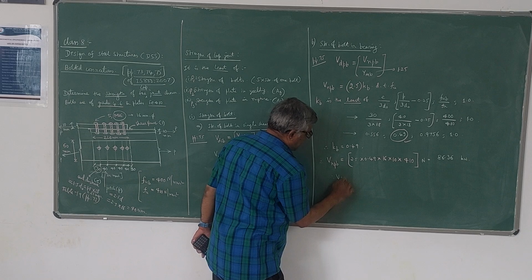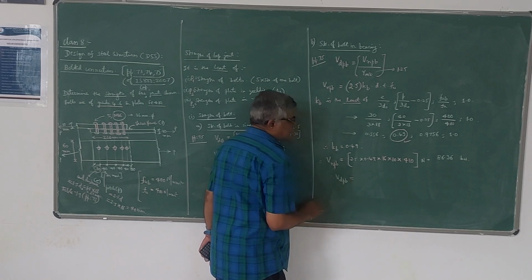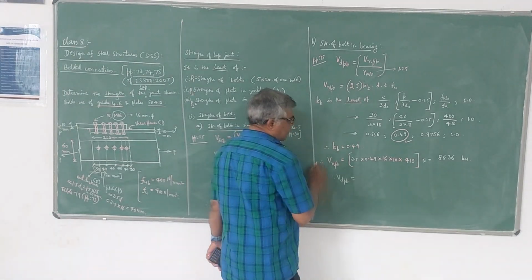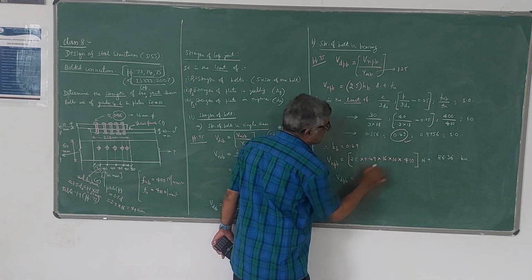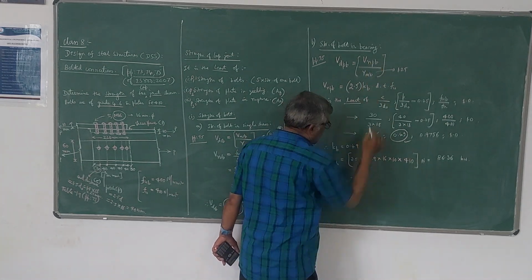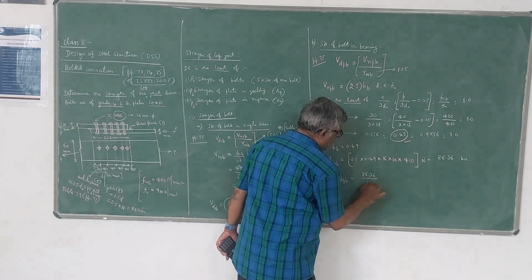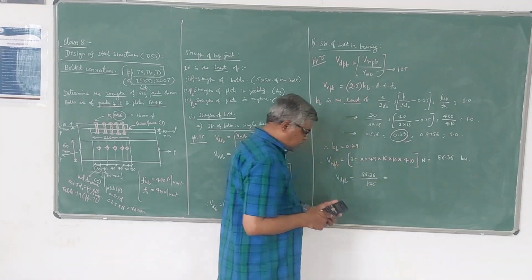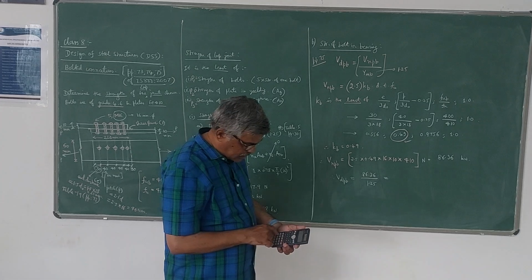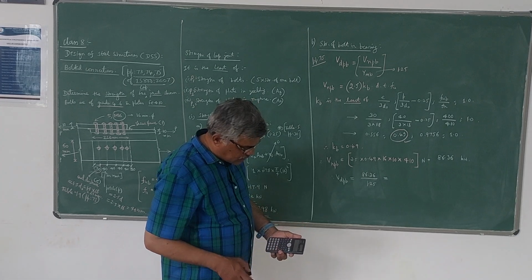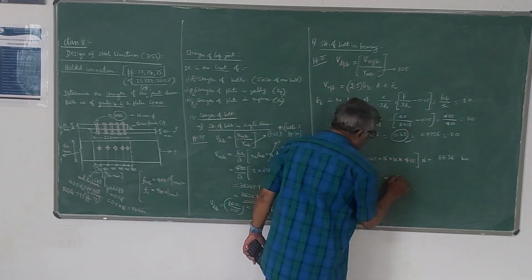Therefore VDPB is the design strength in bearing for this case, which is VNPB divided by gamma MB, that is 80.36 divided by 1.25. Gamma MB is 1.25. So you can calculate that. So you will be getting the value as 64.29 kilonewton.